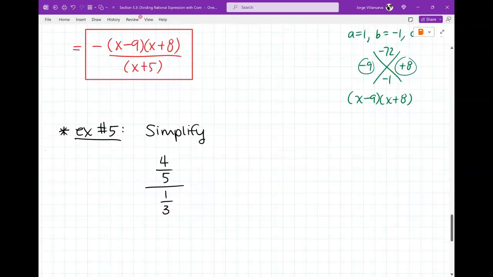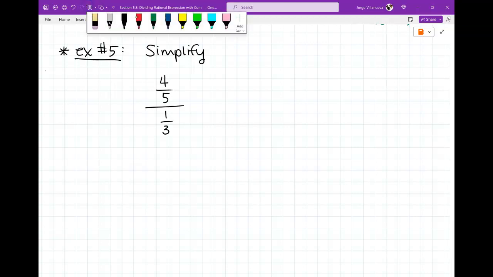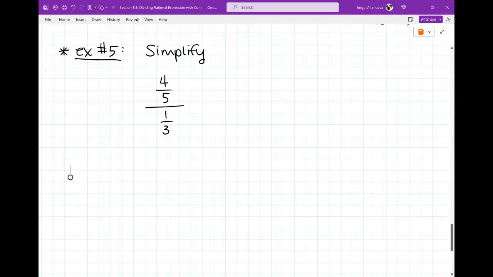All right, so how do we do complex fractions? Well, it's the same way that we did the stuff we just did right now. I always tell people, if you're confused with what you see, just say it in your head and write it down when you say it. So I'm going to say it out loud and write it down. This is what I see: 4/5 divided by 1/3.